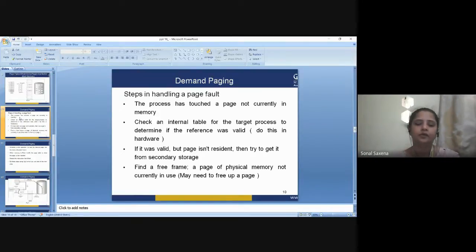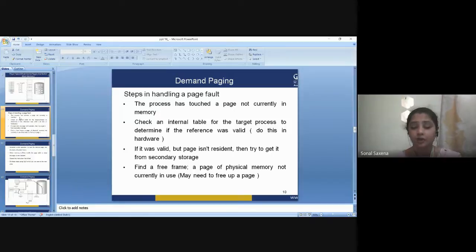Now, for that, what do we have to do? We have to check an internal table for the target process to determine if the reference was valid, right? So we have to check whether the page we are referring to is valid or not valid, like if it is invalid, it is not existing in the main memory. So if it was valid but the page is not resident, then we need to get it from the secondary storage.